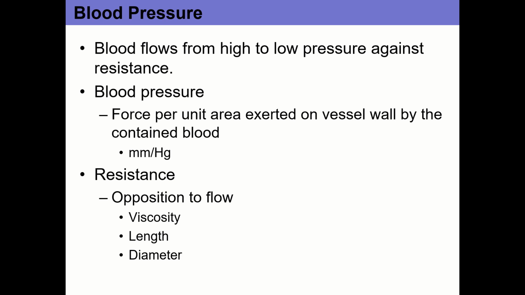Increased viscosity means the blood is thicker. Decreased viscosity means the blood is thinner, so it's more water-like. The more viscous blood is, the more opposition it has to flow. The harder it is for the heart to pump it is the easy way to look at it.